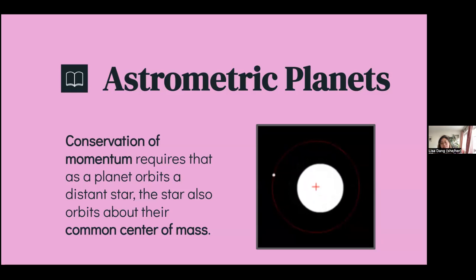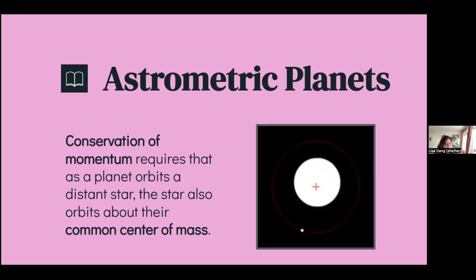As the planet orbits the host star, the star also has its position change slightly as it orbits around their common center of mass. If you have what we call a face-on orbit, you will be able to detect these periodic movements of the star instead of the periodic movement of the planet.